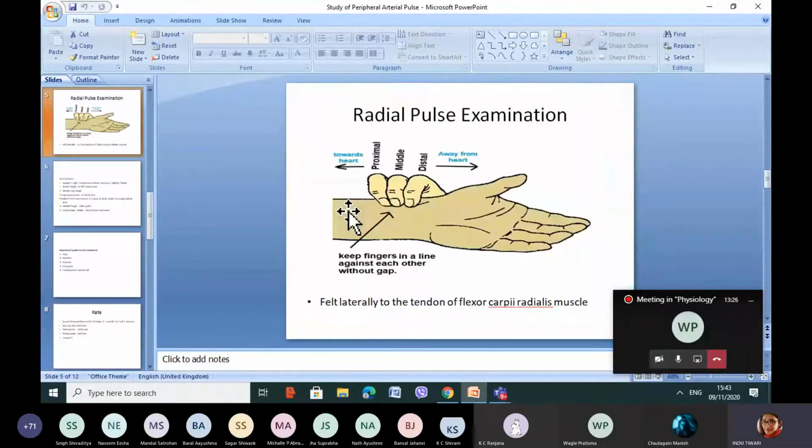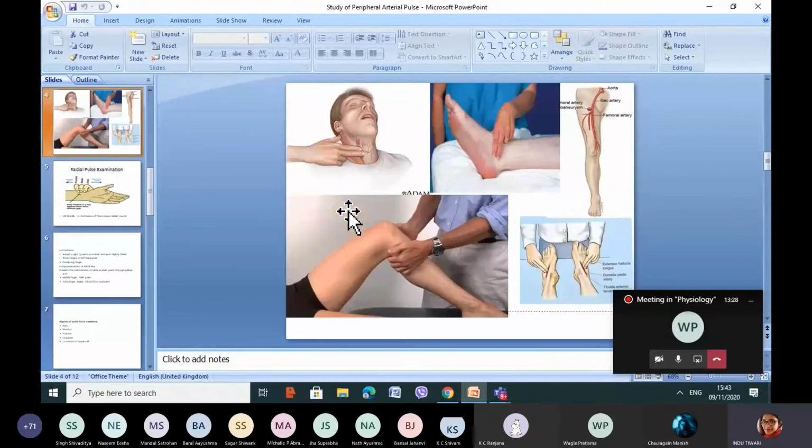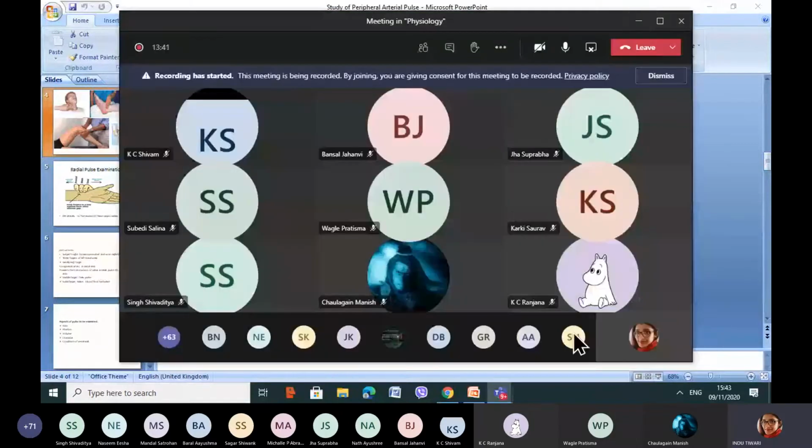Okay, now let us come to the examination of the arterial pulse, or the pulse from the radial artery.